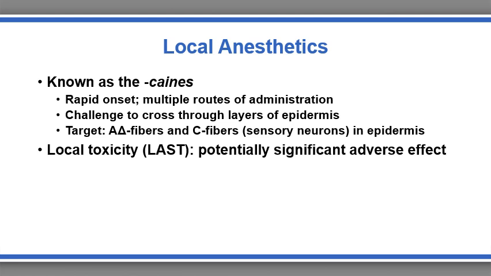One concern with anesthetics is what's known as local anesthetic systemic toxicity. This is a significant adverse effect that could potentially occur. The toxicity risk is low with anesthetics, but it is a potential adverse effect that could happen, and its symptoms are important to know.